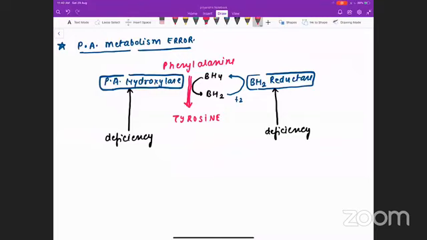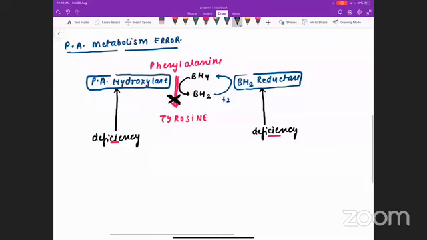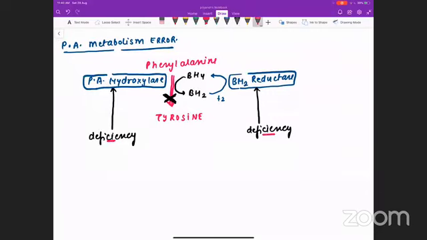If the reaction cannot occur due to deficiency of any of the one, what we can notice is there will be an increase in the amount of phenylalanine in the body.